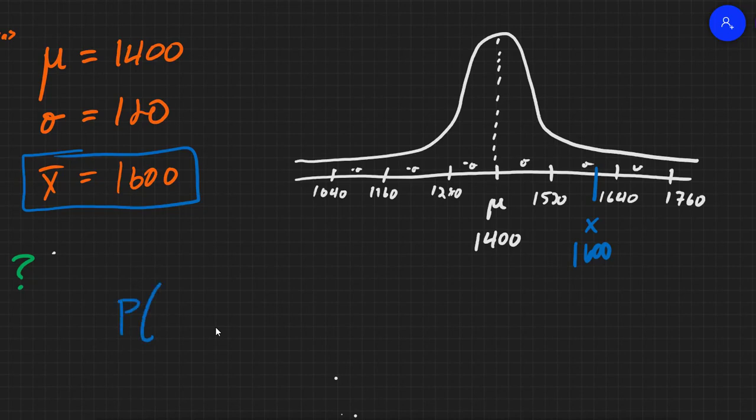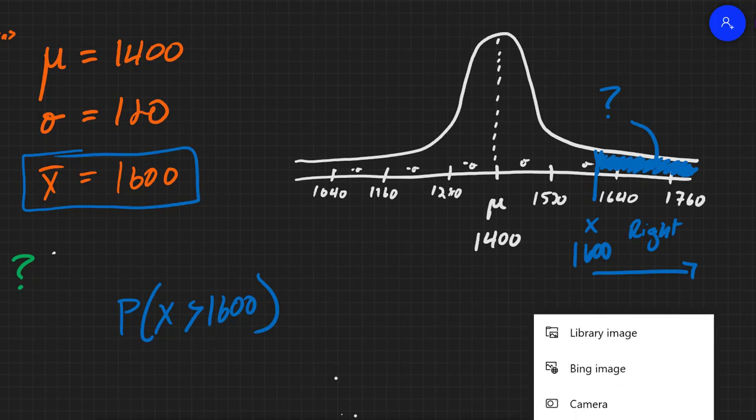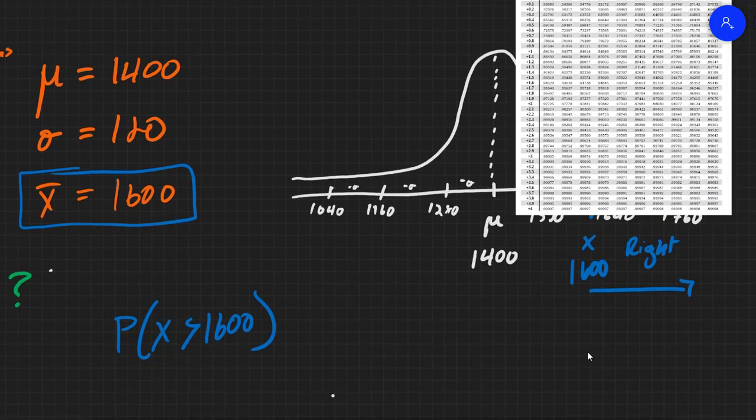The probability that x is greater than 1,600 is all the space that's greater than 1,600 going off to the right. So what is the area under the curve that is to the right of 1,600? That's the question.